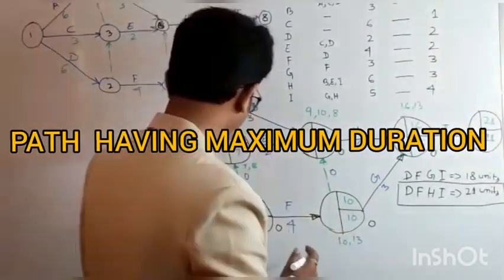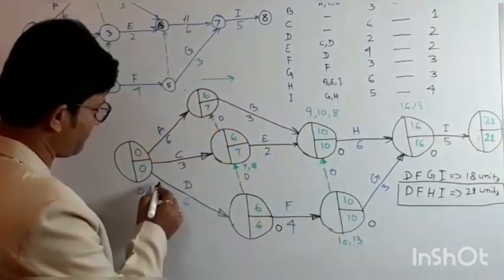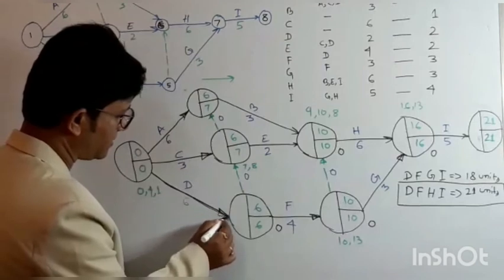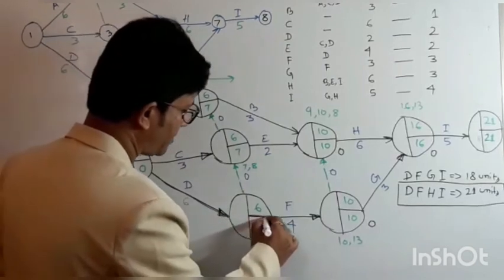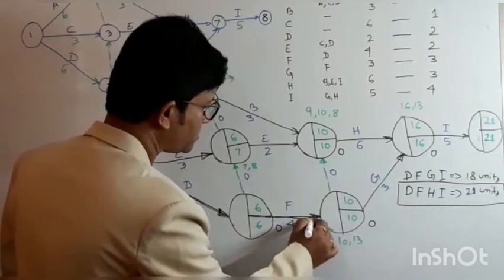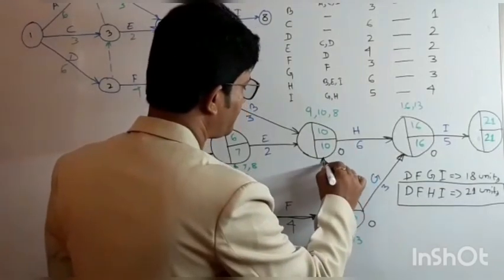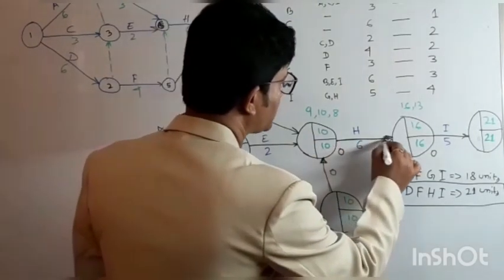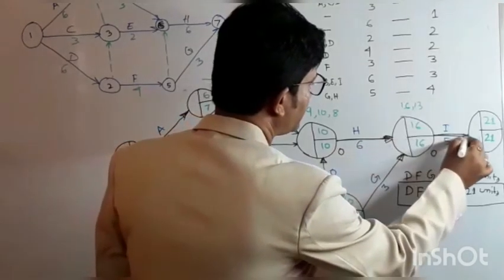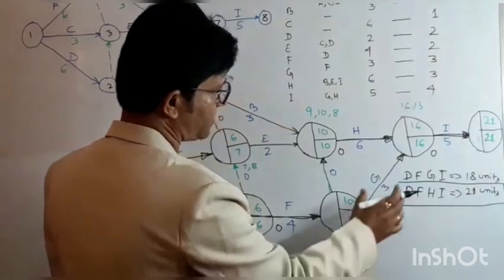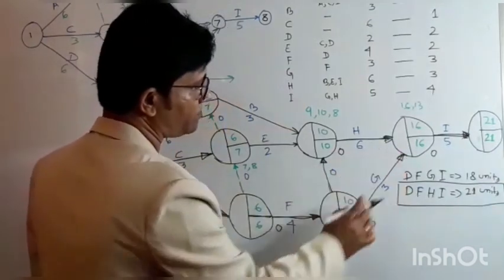So DFHI, this DFHI, and this I, these are the critical path.